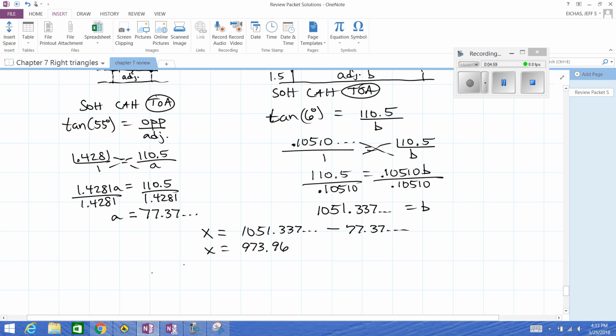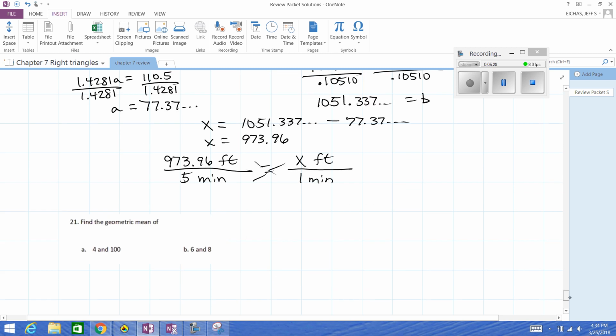Here's what I do with this. I have 973.96 feet in 5 minutes. It took me 5 minutes to go that far, 973.96 feet. We want to go per minute, so we want to know 1 minute. So it's going to be x feet per minute.